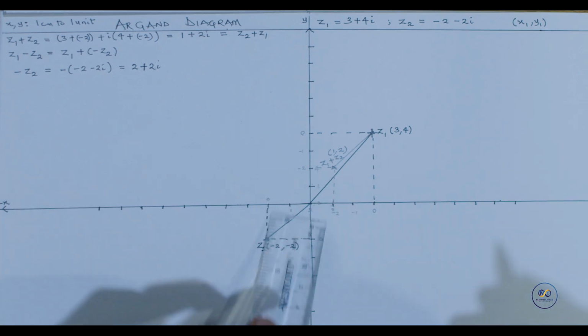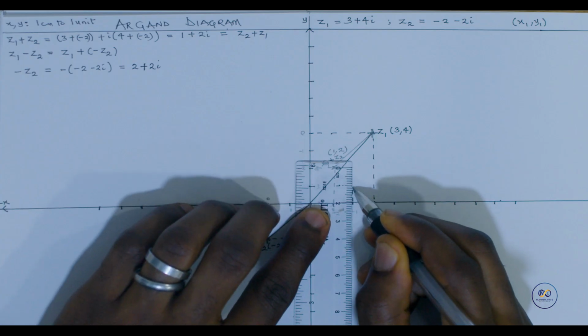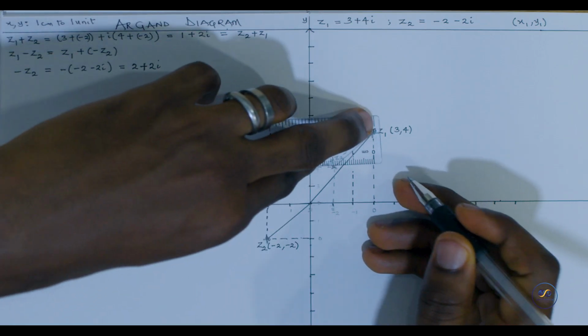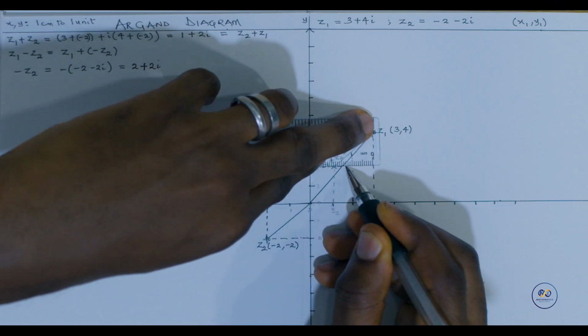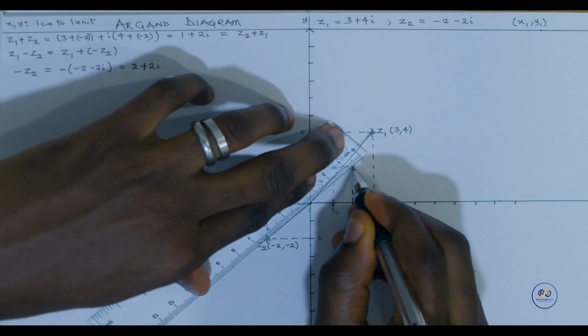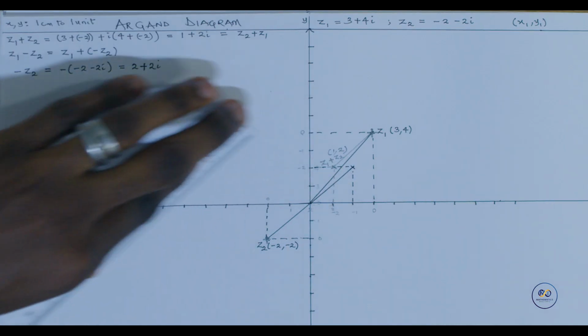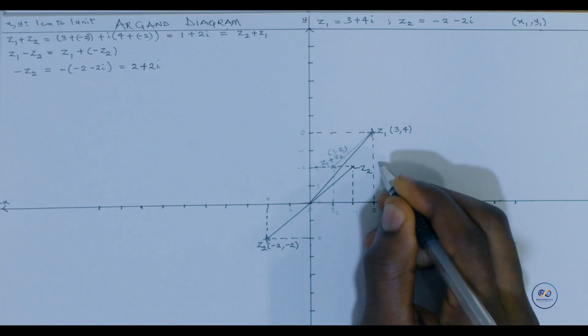So it means that originally, if we go up from here, and then connect here, and put a point here, this point here would represent minus Z2, which is what?